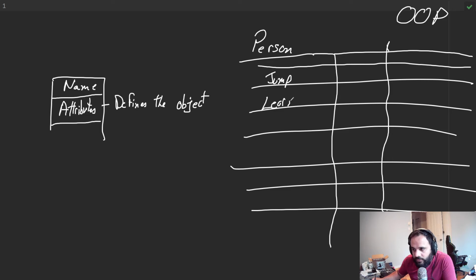This is an important one that we all try to do. I jump, I learn, I could be goofy, I could sleep, right? I could do a lot of things. Notice that all of these are actions. Why are they actions? Because they're not going to happen unless I do them.